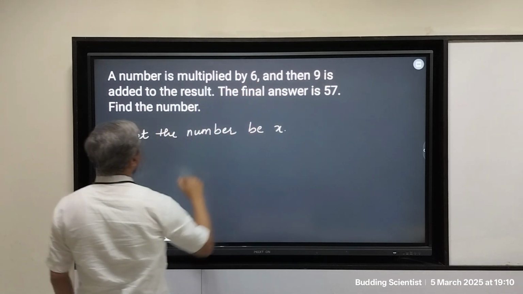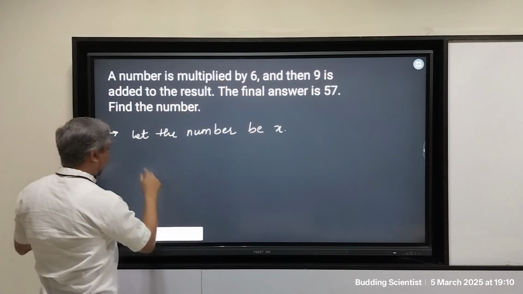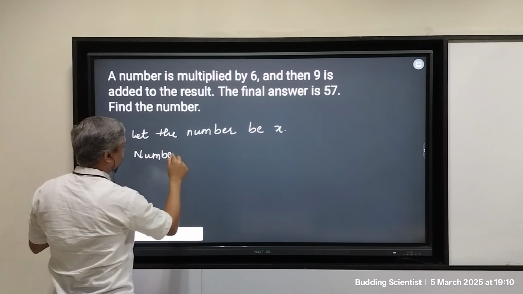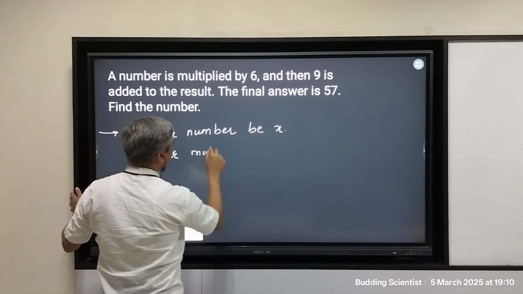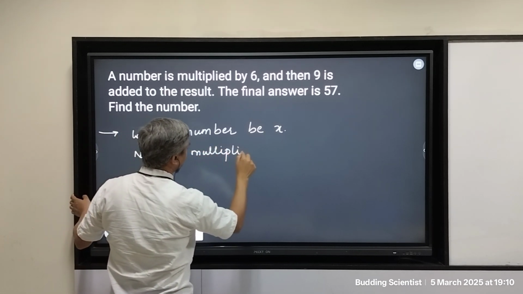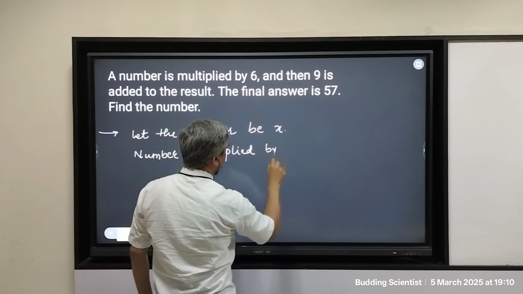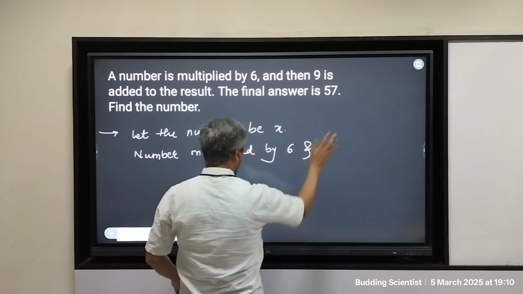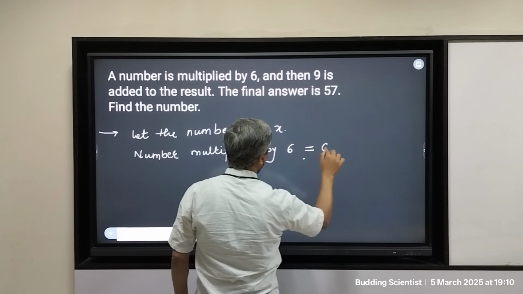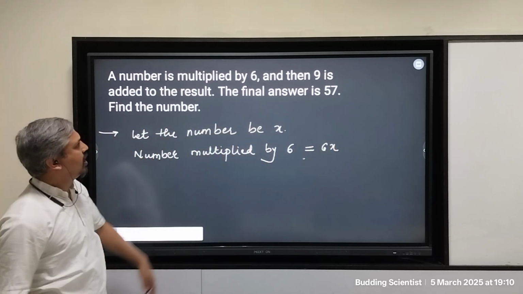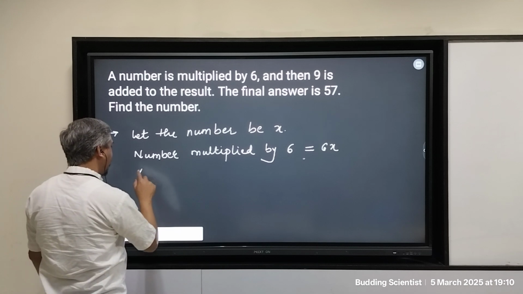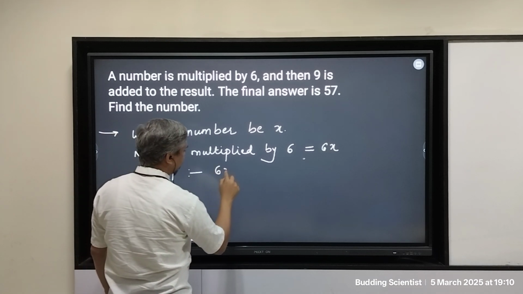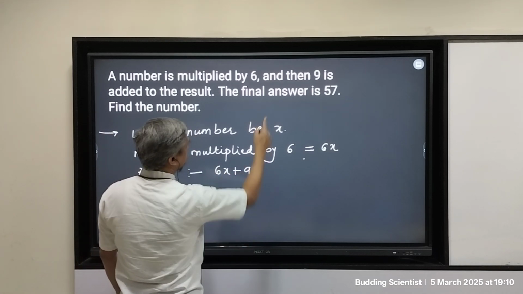The number is multiplied by 6, so this will be 6 into x, and then 9 is added to it. So we'll get 6x plus 9, and the answer is 57.